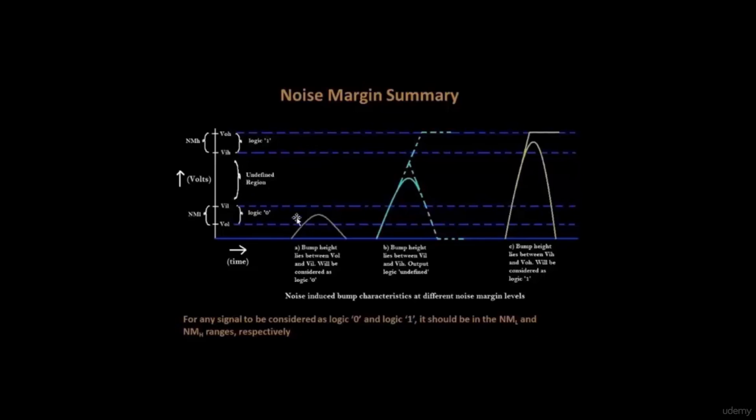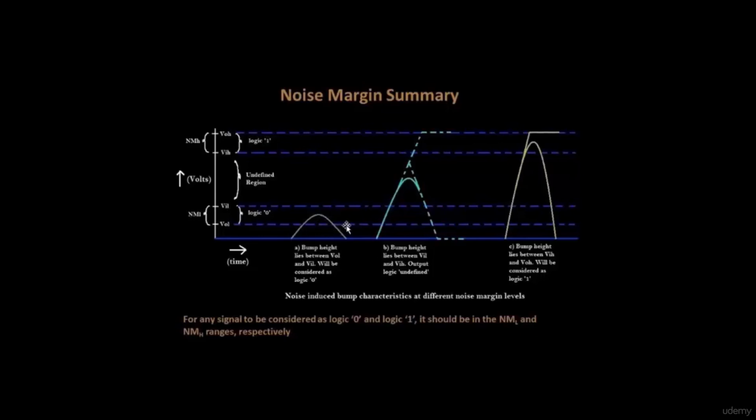So let's start with the low bump first. For example, if the bump height lies in this particular area, it's not hazardous for us, because it still lies in the range of logic 0, and your logic will still be kept as logic 0. It won't harm the circuit. That's what this particular bump means.